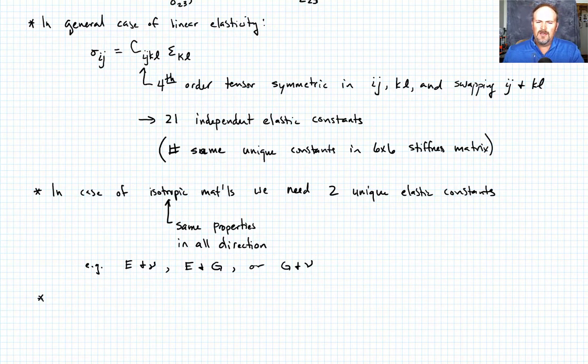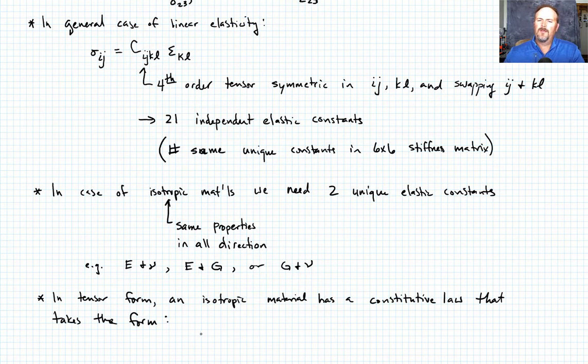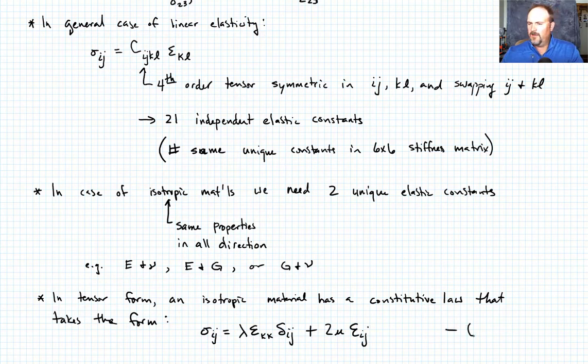So here it is in tensor form. An isotropic material has a constitutive law that takes the form sigma_ij equals lambda epsilon_kk delta_ij plus 2 mu epsilon_ij. Let's call that equation star. That's Hooke's law for an isotropic material in 3 dimensions.